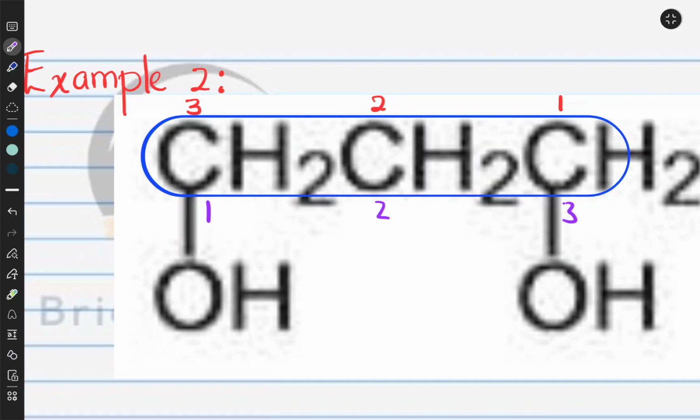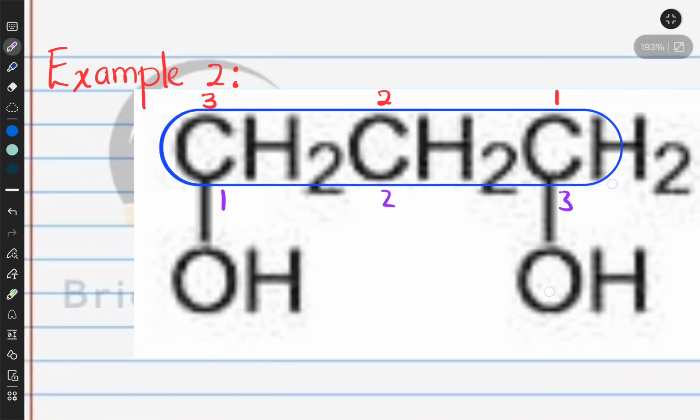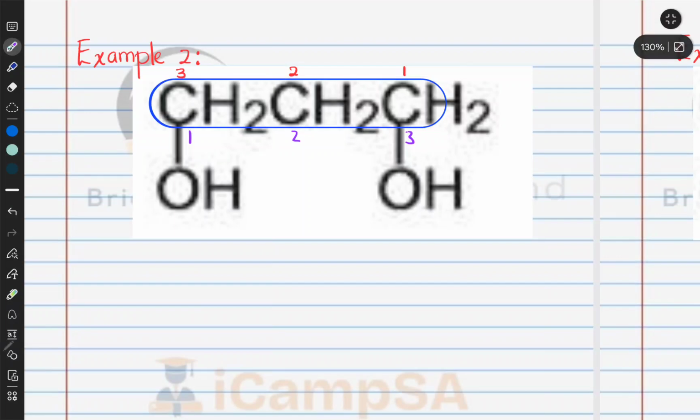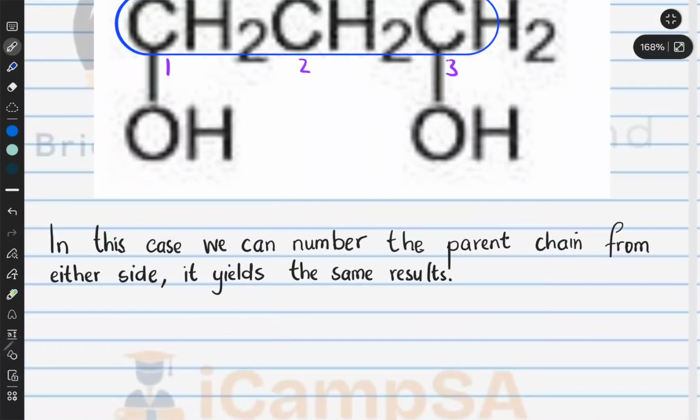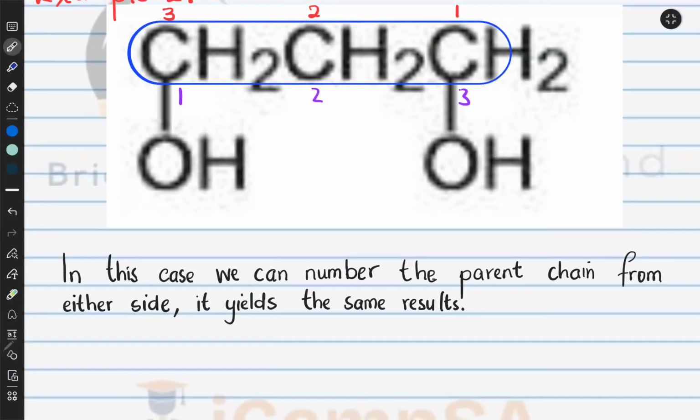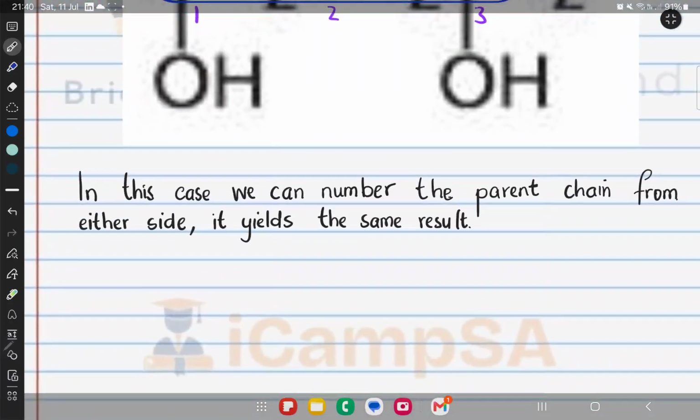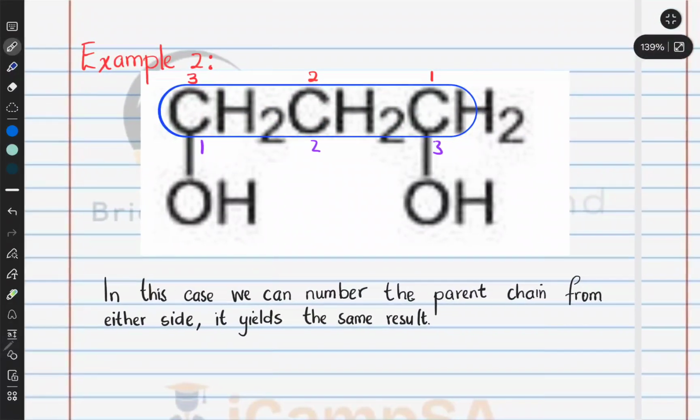So it doesn't make a difference. In this case, you can number from either side. It yields the same result. So let us go to our table and start filling.